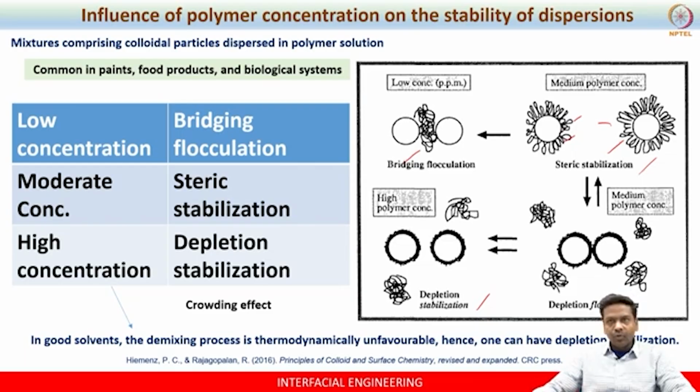They can easily move around the particles, so the particles will be surrounded by these molecules, and they act as a shield, or crowding effect, right? So what is a good solvent? A good solvent means the polymer molecule is highly soluble, and they remain in the expanded state rather than being collapsed or aggregated.